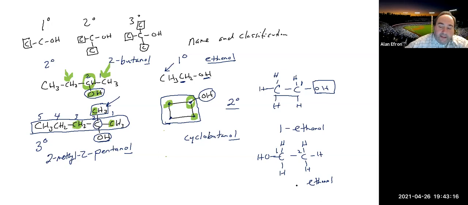And this would also then technically be 1-ethanol, even though it's on the other side. So even though it's on the other side, it's actually the same molecule. It's the exact same compound. And because there's really only one option for where that OH group is, either on the carbon on the left, which would be carbon 1, or the carbon on the right, which would be carbon 1, there's no need for the numbering in that.